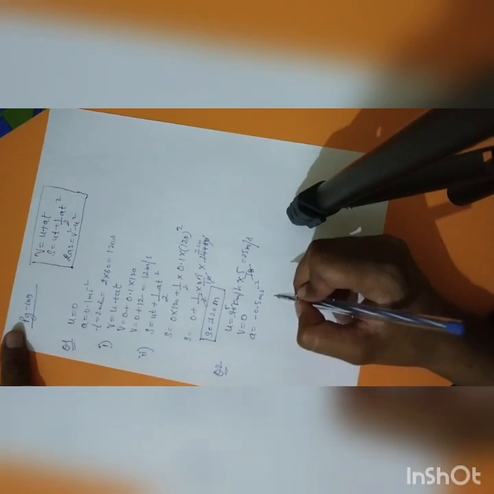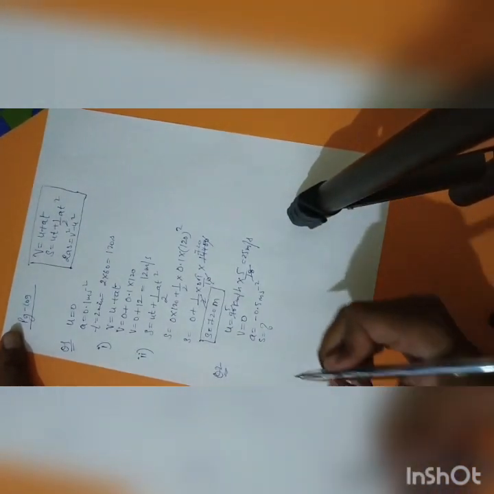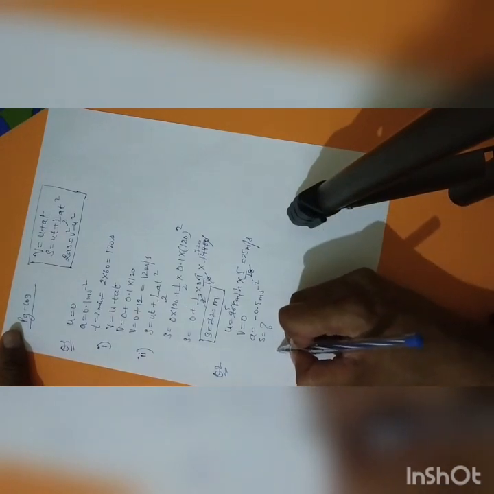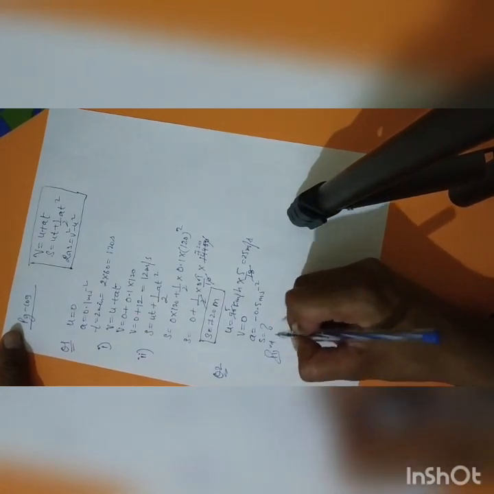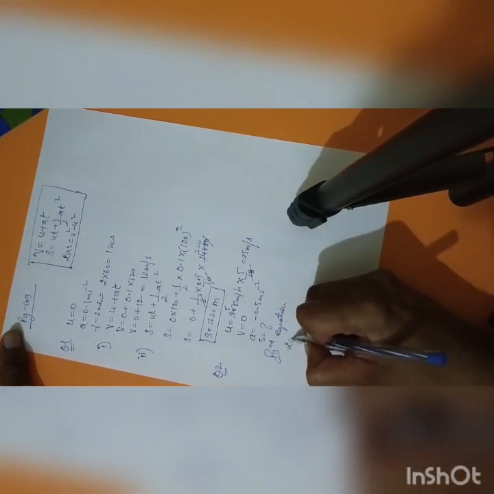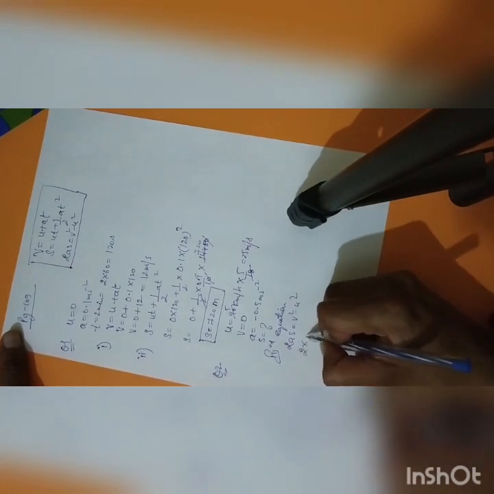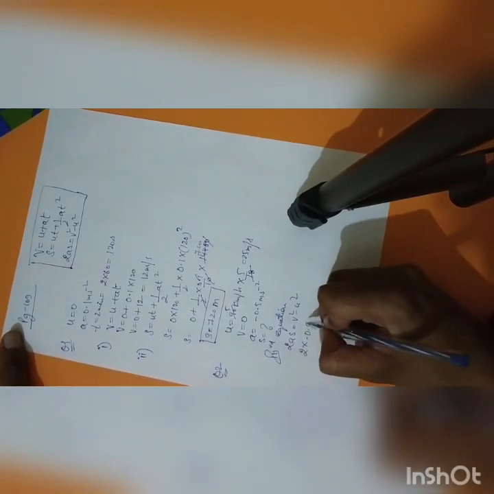We have to find out how far, that is, we have to calculate the distance that is being covered. So for distance, we'll use the third equation of motion: 2as equals v square minus u square. a is minus 0.5.